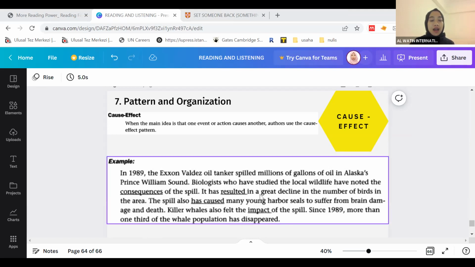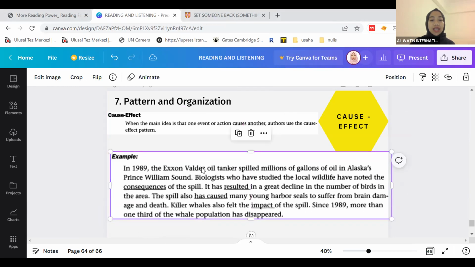So from this paragraph, we can understand that there is something happening. What's happening? An oil tanker spilled millions of gallons of oil in Alaska. This is what's happening. What's the result? There are several results.